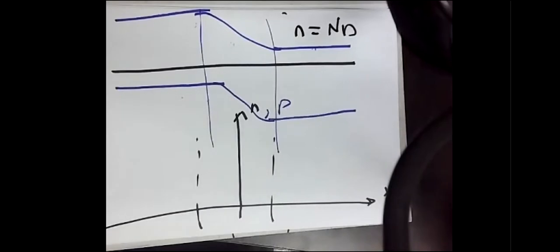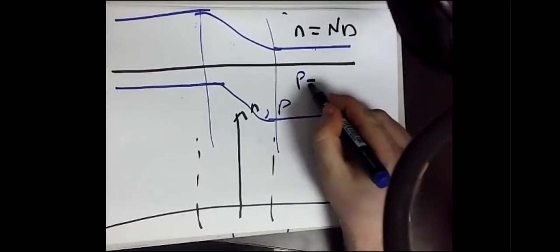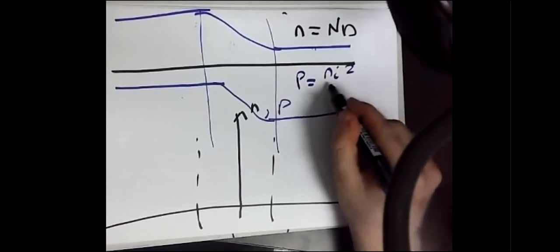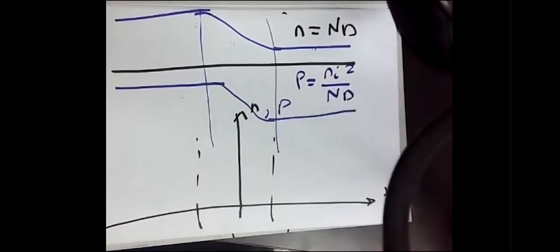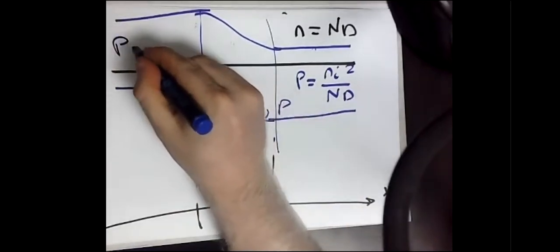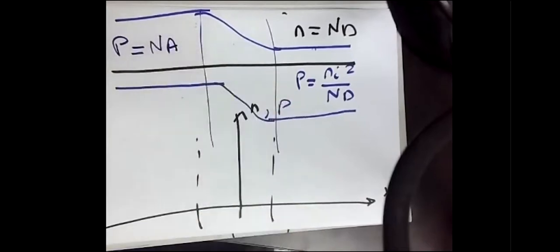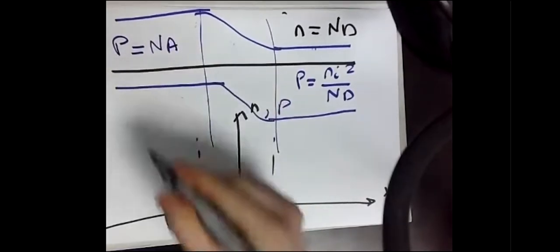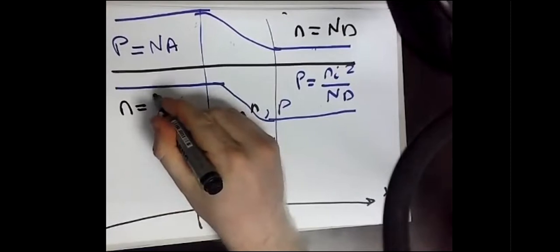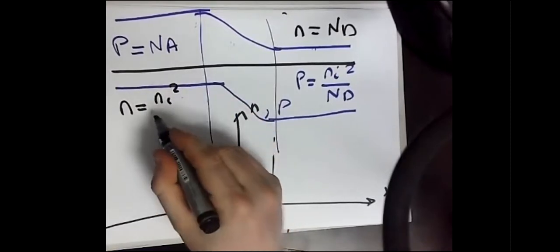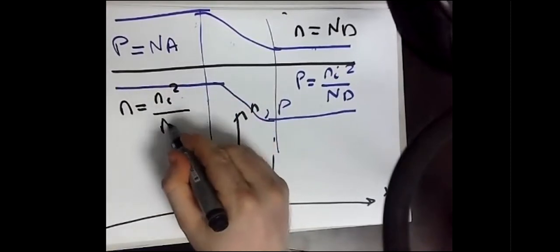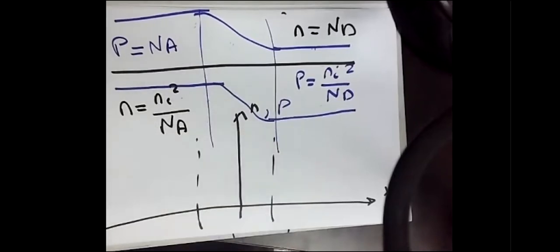And the number of holes, I'm sure you remember, is P equals Ni squared over ND. However, in the left-hand side region, the majority is holes, so P equals Na, and N equals Ni squared over Na, which is the minority.